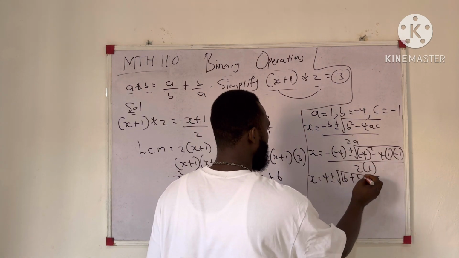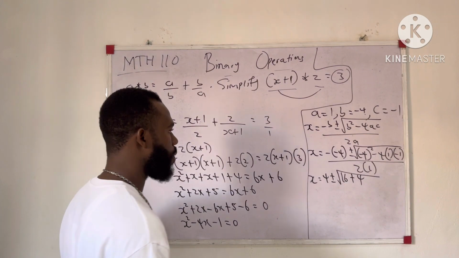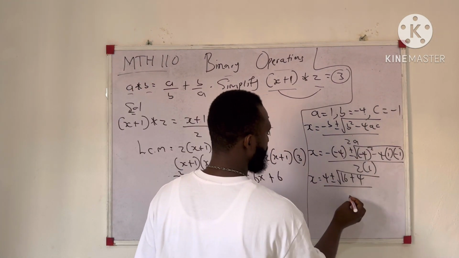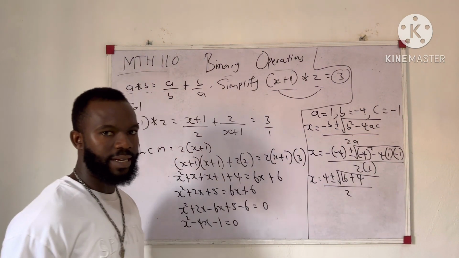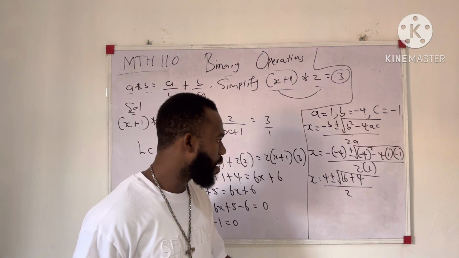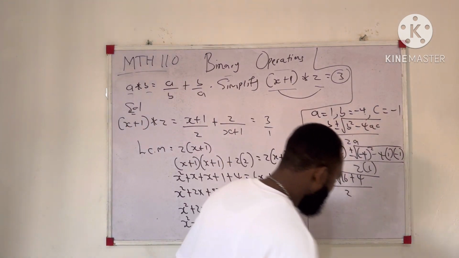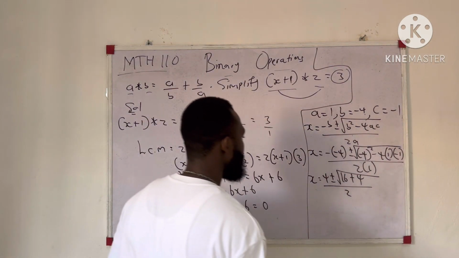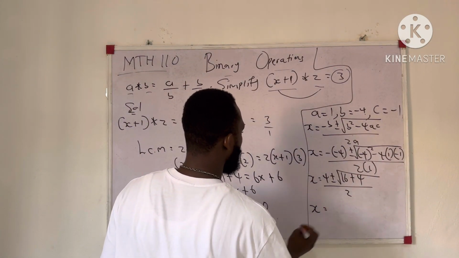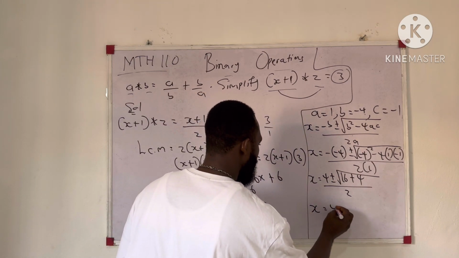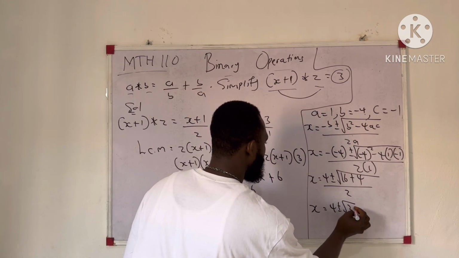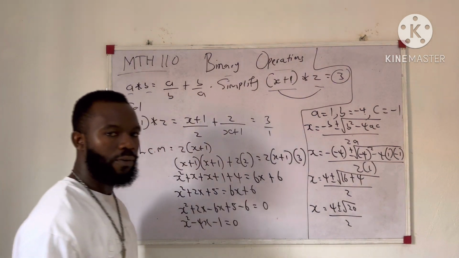So we have 16 plus 4, all over 2 times 1 gives us 2. Now without wasting time, 16 plus 4 is what? 20. So automatically we have this: x is equal to 4 plus or minus square root of 20, all over 2.